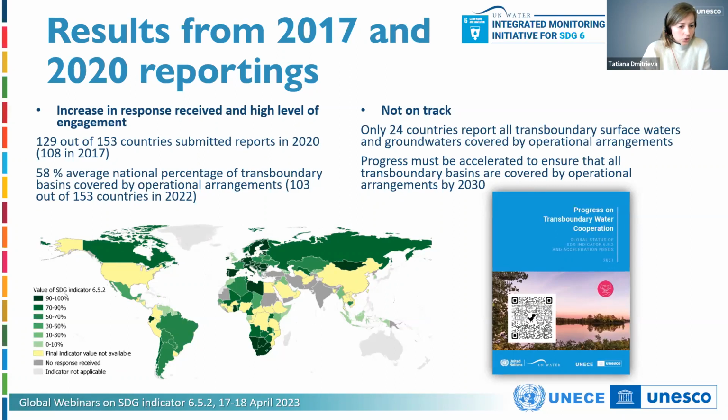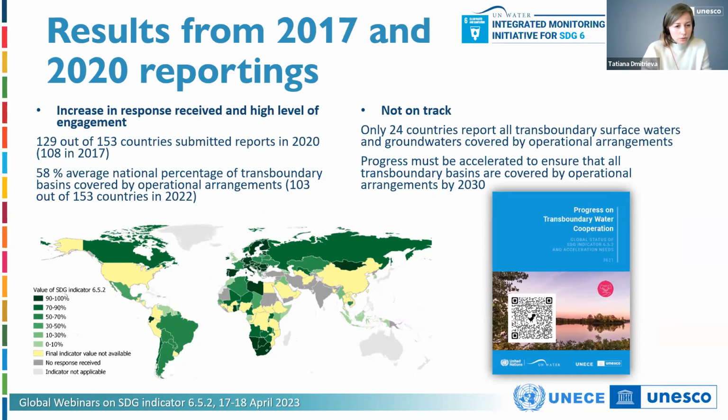The results showed that only 58% is the average national percentage of transboundary basins covered by operational arrangements. These numbers are based on 103 reports for which the final indicator could be calculated.